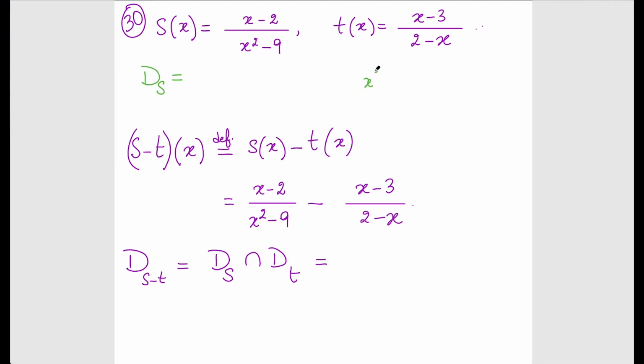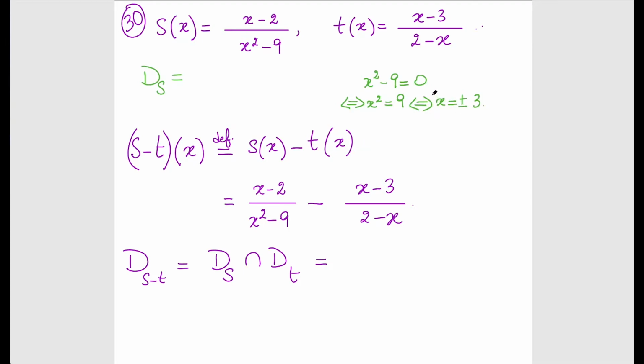The only thing I need to throw away is what makes the denominator 0. So when is x squared minus 9 equal to 0? This happens precisely when x squared is equal to 9, which we dealt with many times before. This means x is plus or minus the square root of 9, which is 3.